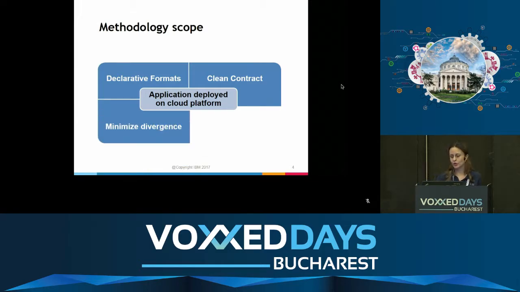Another scope of this methodology is to minimize divergence between development and production. I think we have all experienced the on-premise type applications where the development is poorly fed with resources, because we as developers do not need as many resources as a production application would need, or as many nodes, for example, for a server to be available in development as would be in production.